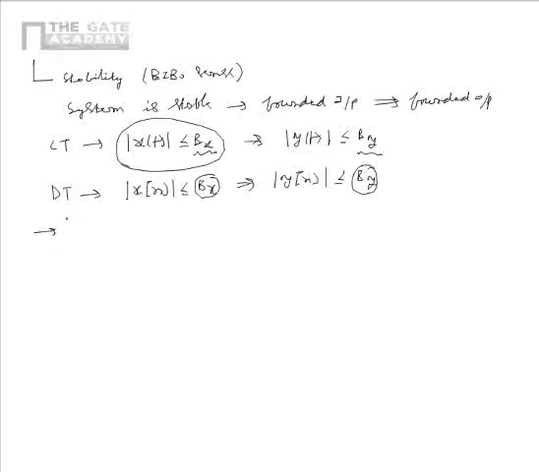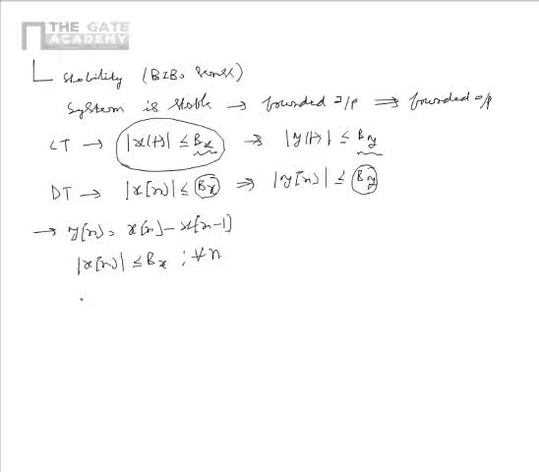Now let us consider this by an example. Let us consider a system y of n is equal to x of n minus x of n minus 1. We have to find if the system is stable in BIBO sense. Suppose the input is bounded, it means that mod of x of n is less than or equal to bx, where bx is finite.